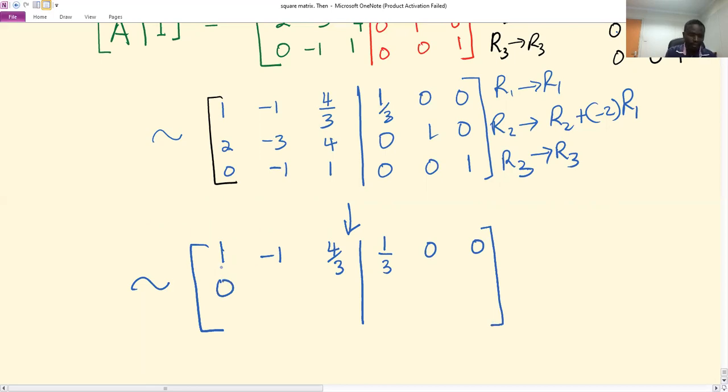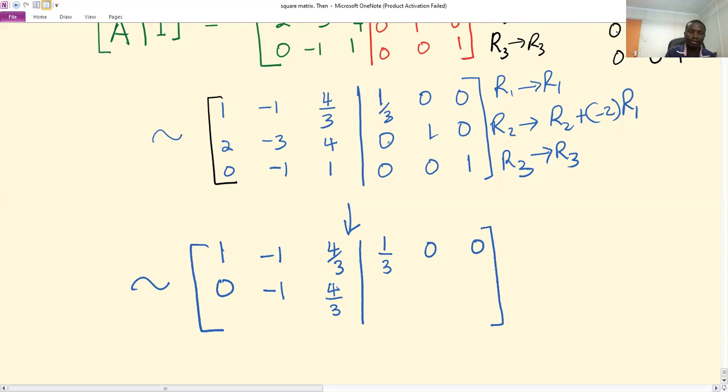So -3 plus -2 times -1. That will give us -1. And then 4 plus -2 times 4/3. That will give us positive 4/3.